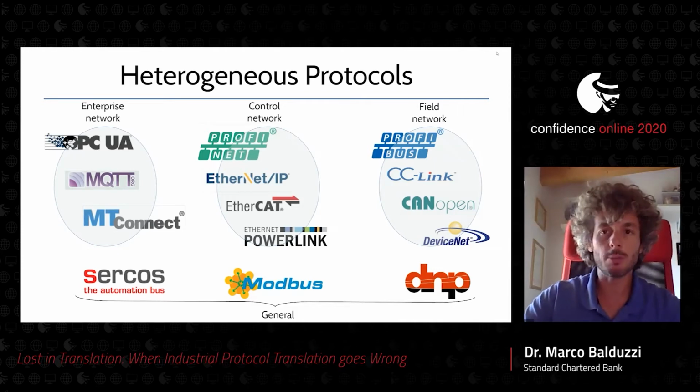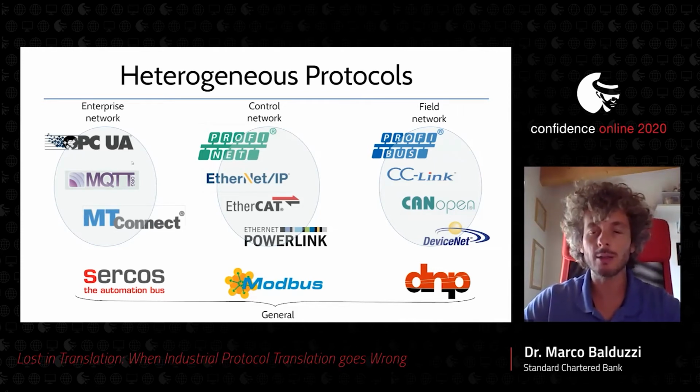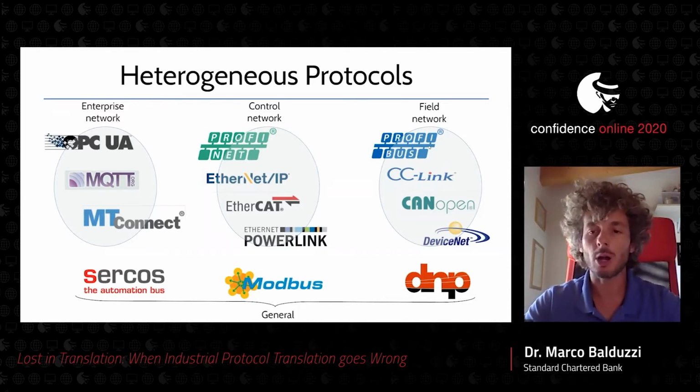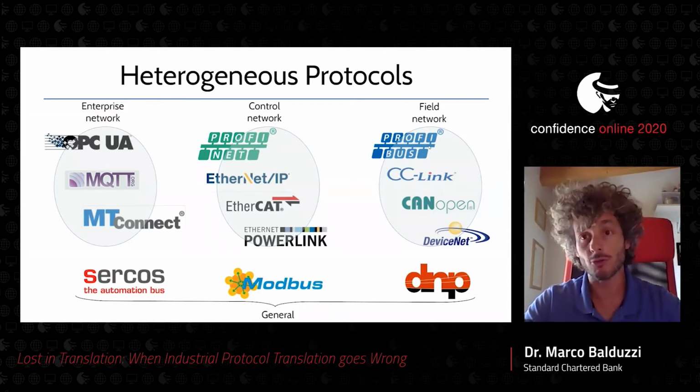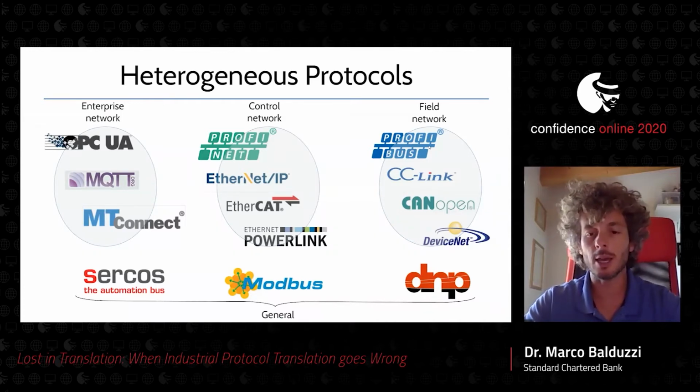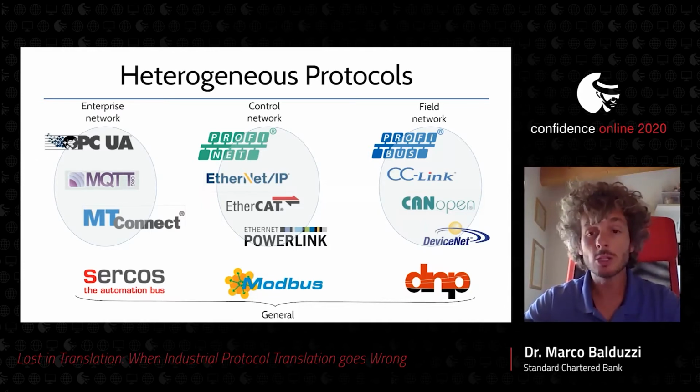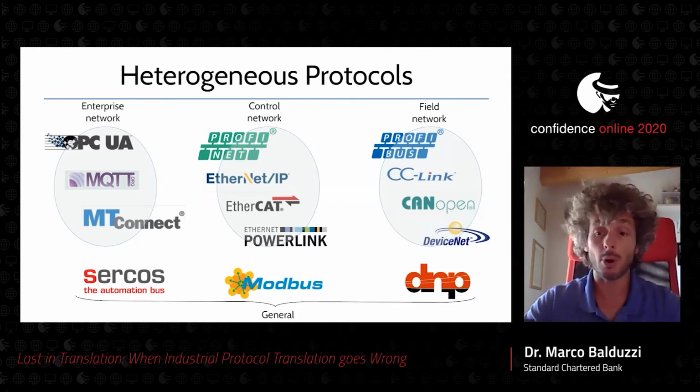If you take, for example, a field network down here on the right, you might have Profibus, EtherCAT, CANopen, and so on and so forth. There are many protocols for each of these layers. This is because different vendors have different protocols, as well as because over the years different protocols have been introduced. This really complicates the problem of communication.